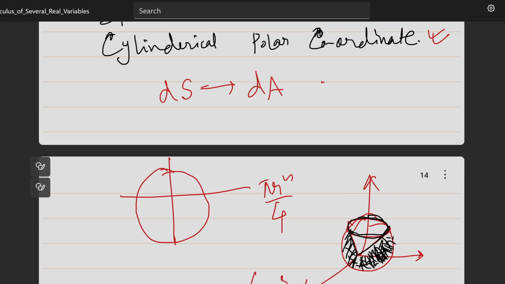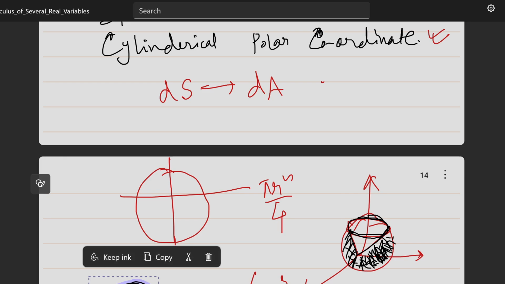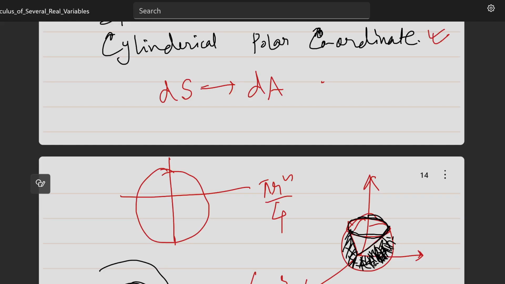Similarly, suppose one cylinder is given, and inside it some square or something.